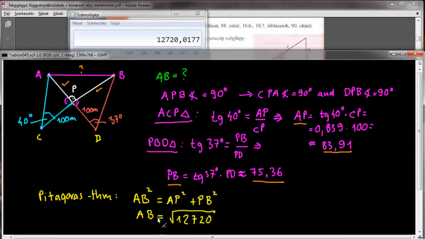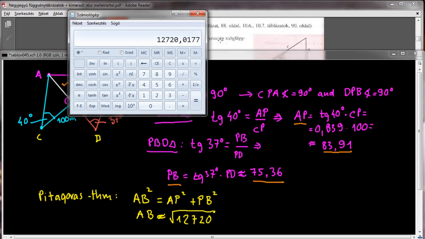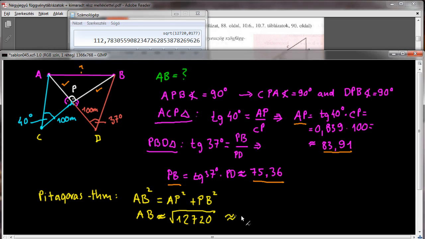It's an approximate data, but we can only use this. And then if I take the square root of this, it's around 113. So the question was how much is the distance between the trees, and the answer is 113 meters. And this is the end of the task.